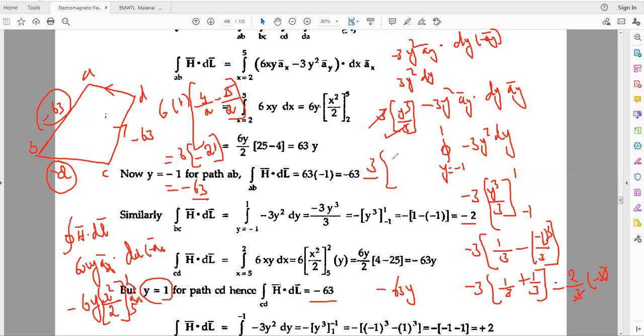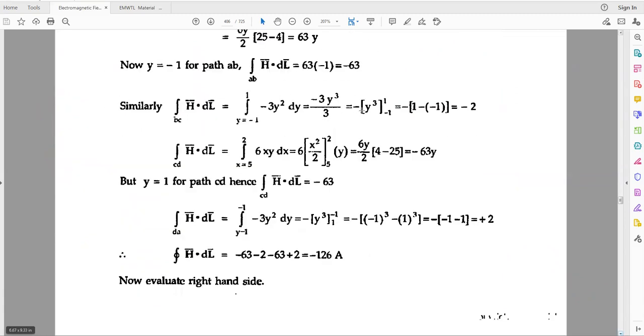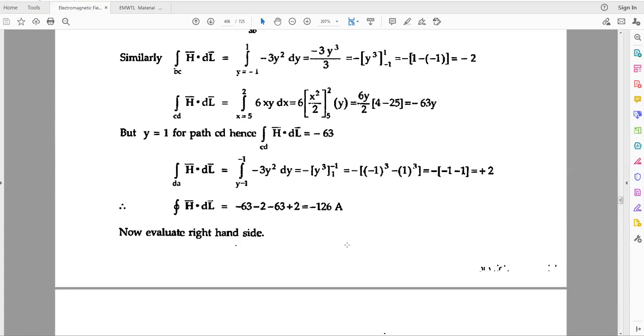Y cube is 1 and minus 1: 1 cube minus of minus 1 cube gives 2. Plus 2. So for the total, we add 63, minus 2, minus 63 and plus 2. The plus 2 and minus 2 get cancelled, and we get the final value.